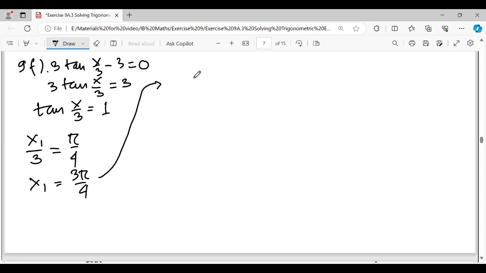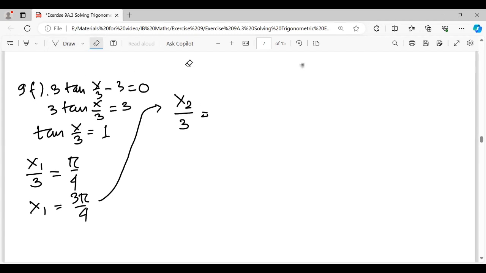x2 over 3 equals pi over 4 plus pi, it becomes, oh no, 5 pi.